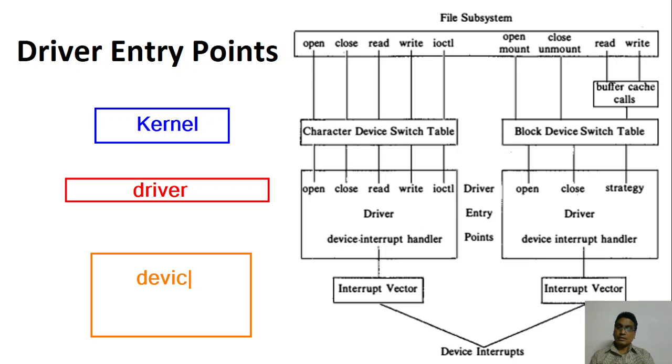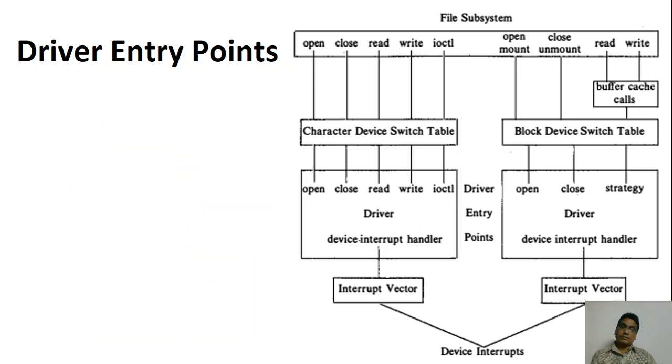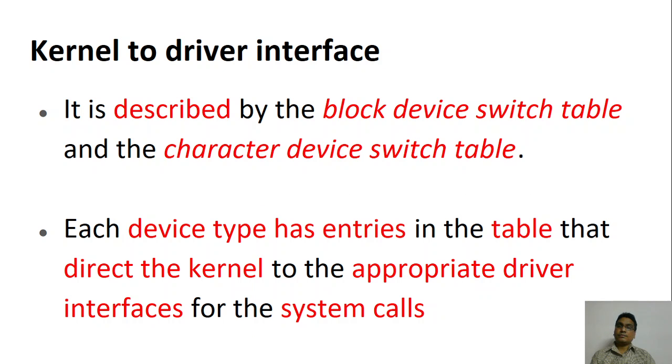So there are two interfaces. One is the interface between the kernel and the driver, and there is one more interface between the driver and the actual physical devices. So let's look at the first interface, the kernel to driver interface.